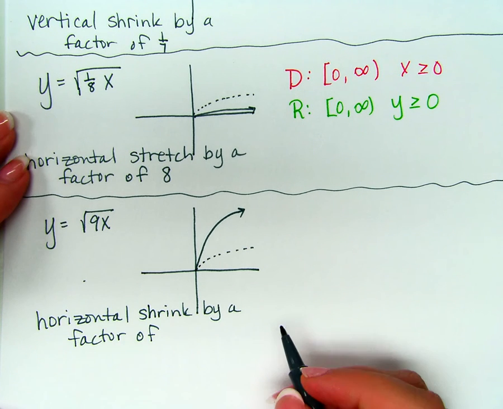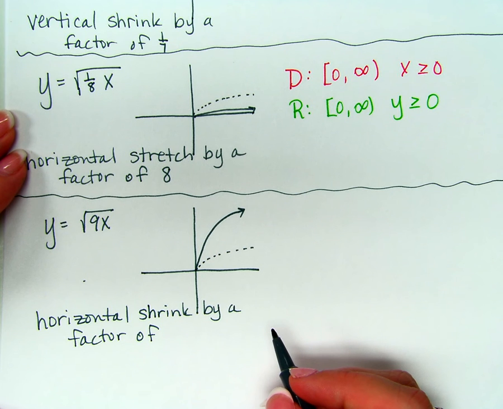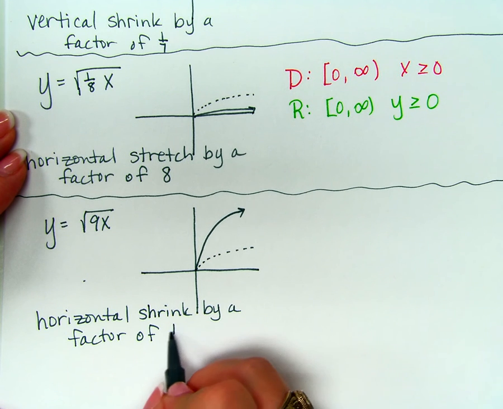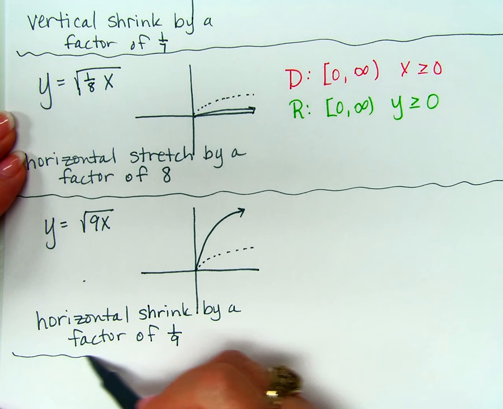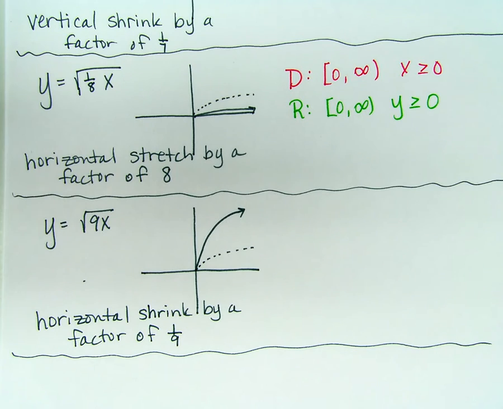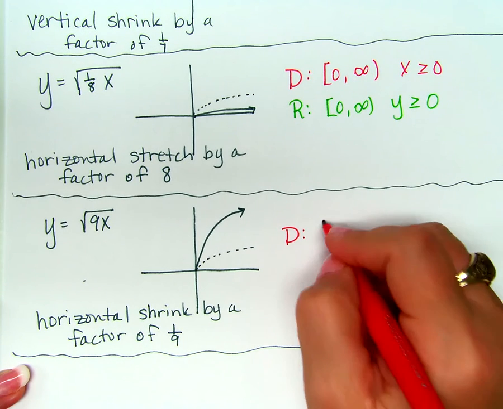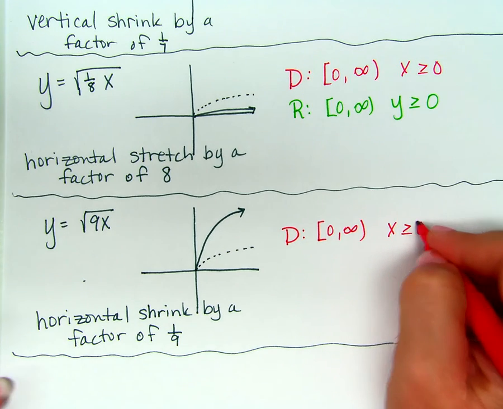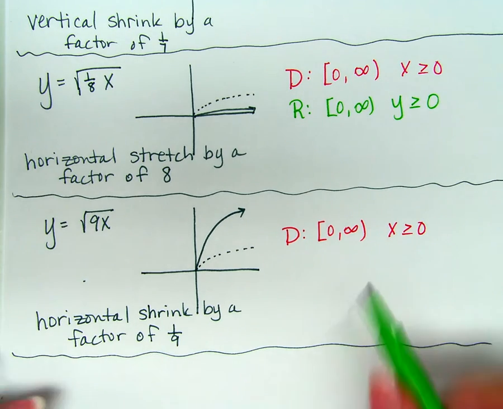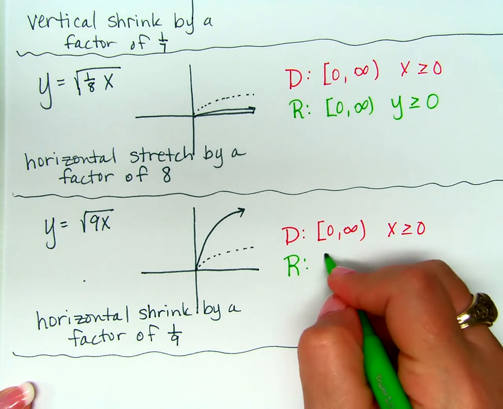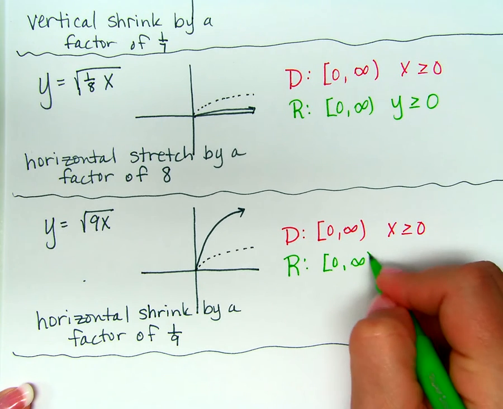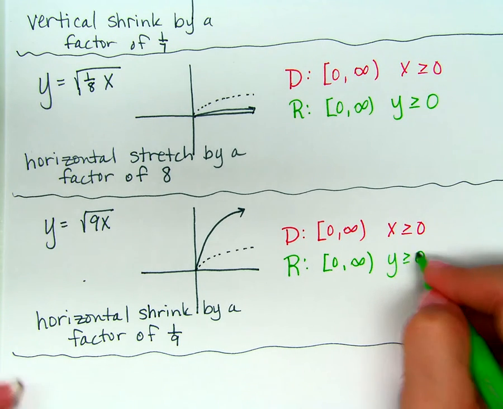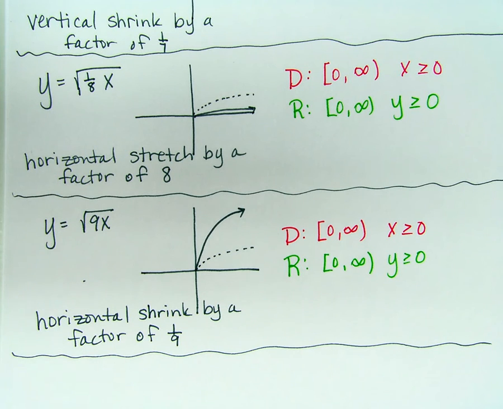By a factor of what? 1 over 9. Domain? Questions?